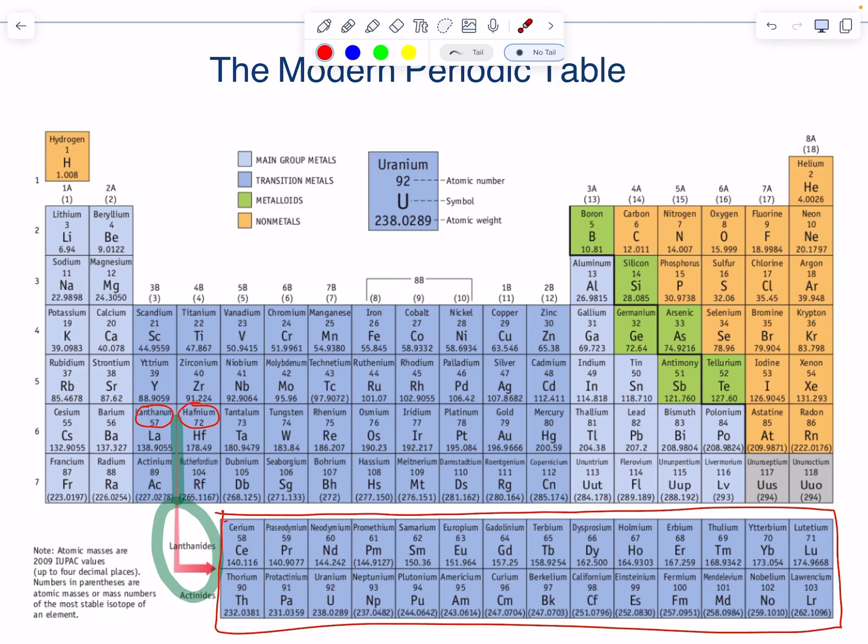This is just more of a fitted-on-one-page kind of choice. These materials right here are given special names. Those two rows: the first one is called the lanthanides, because they're the elements that come after lanthanum. These are called the actinides because they're the ones that come after actinium. And that's why those are named the way they are.